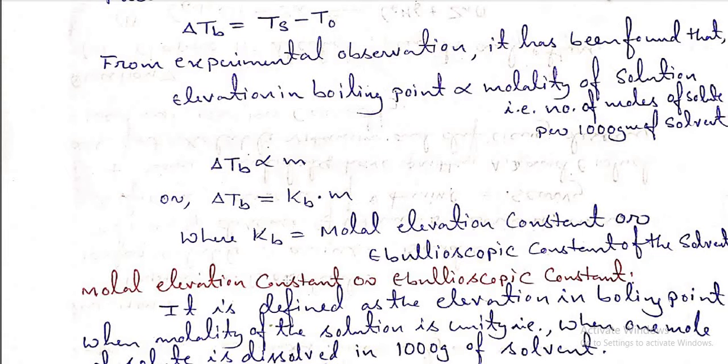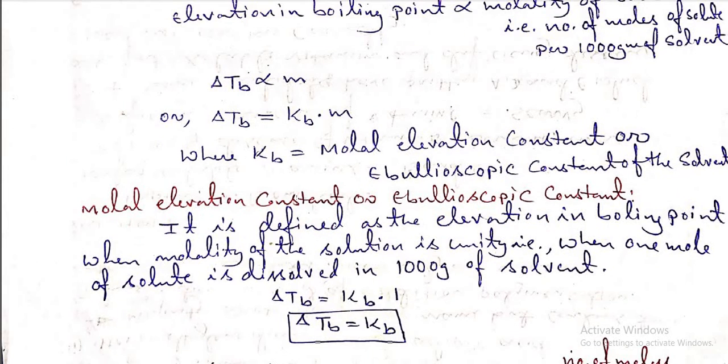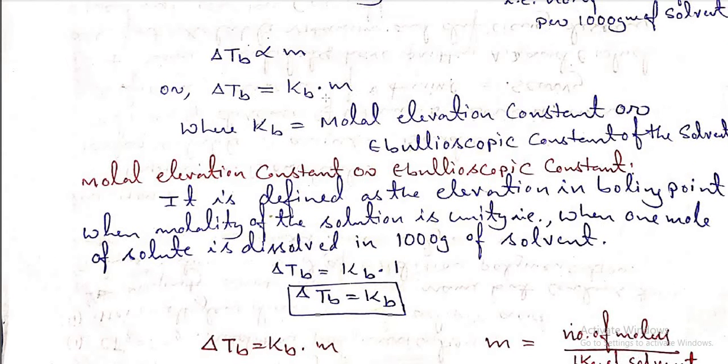Now Kb is a constant known as the molal elevation constant, or we call it the ebullioscopic constant of the solvent. If you want to define this constant, take the value of molality as 1, unity. At that time delta Tb, that is elevation in boiling point, will be equal to Kb, the molal elevation constant or ebullioscopic constant.